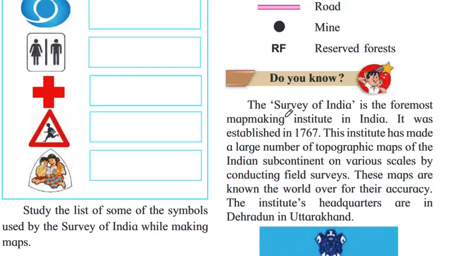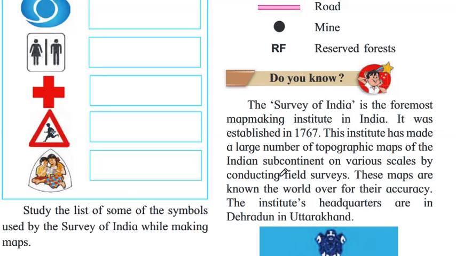Do you know the Survey of India is the foremost map making institute in India? It was established in 1767. This institute has made a large number of topographic maps of the Indian subcontinent on various scales.